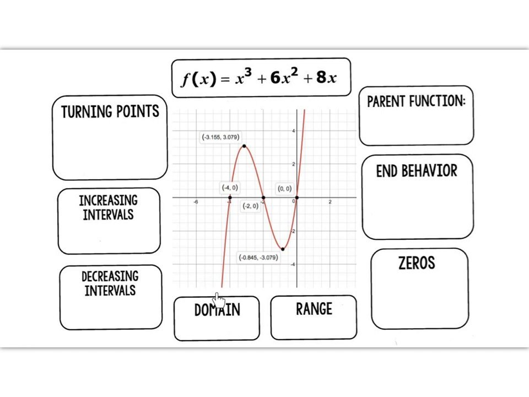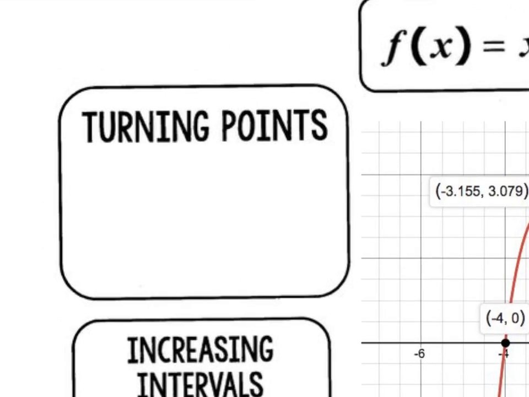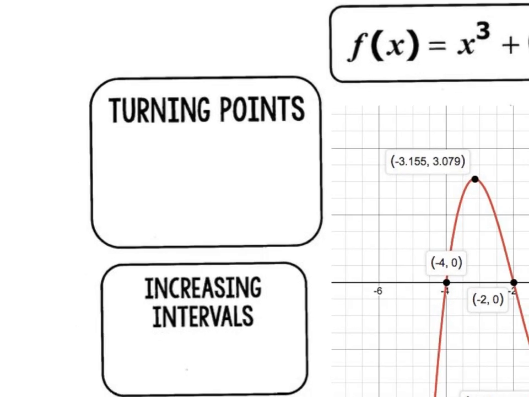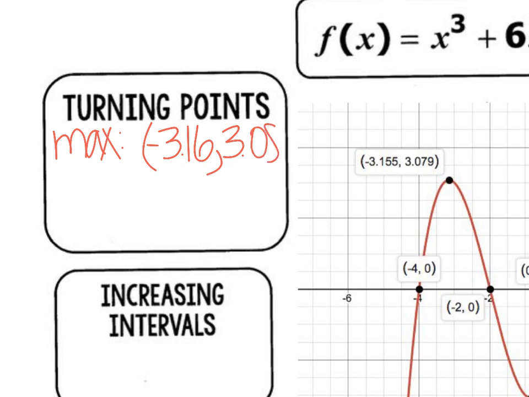So if we're looking at the turning points, our maximum is the highest point of the hills, minimum is the lowest point of the valleys. So if we were to write our turning points, first we have our maximum, which is negative 3.16, 3.08.